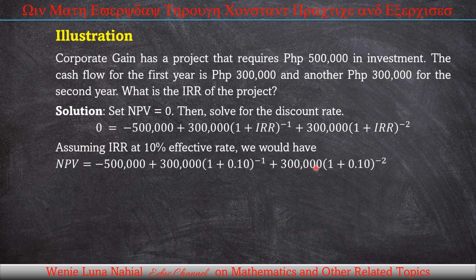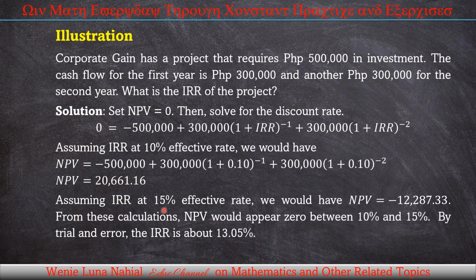So plus 300,000 times the quantity 1 plus 0.10 raised to negative 2. Now, using our gadgets, using our calculators, let's do the computation. So we get 20,661 pesos and 16 cents.